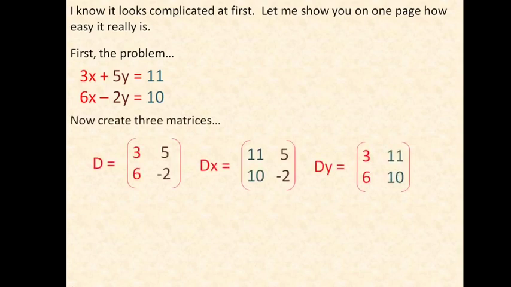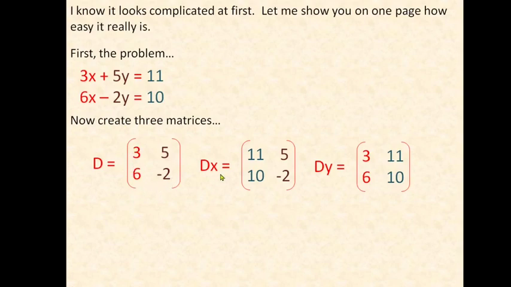First step, arrange the coefficients in the way shown on your screen. For D, we will arrange the coefficients of x and y from equation 1 in the first row and the coefficients of x and y from the second equation in the second row. So your matrix for D will look like this.